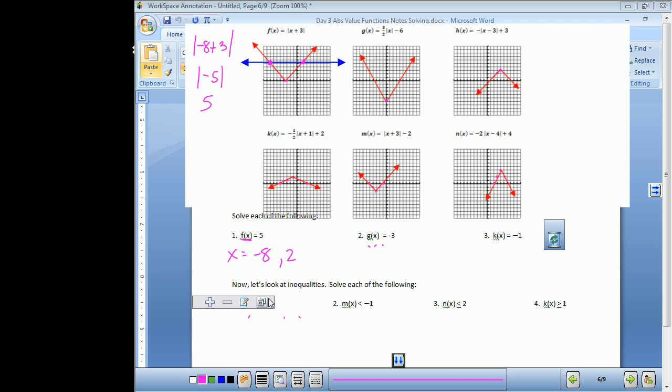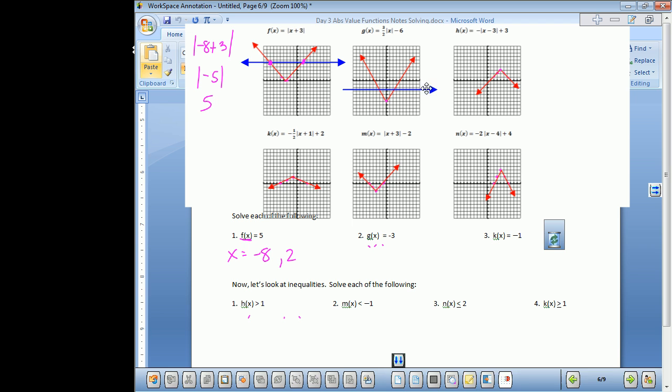g of x equals negative 3. So we're going to find the graph g of x, which is here. And we're going to do our best to draw in a horizontal line at negative 3. Yay, I missed it again. Sometimes you miss it.